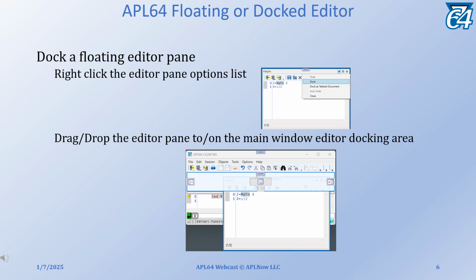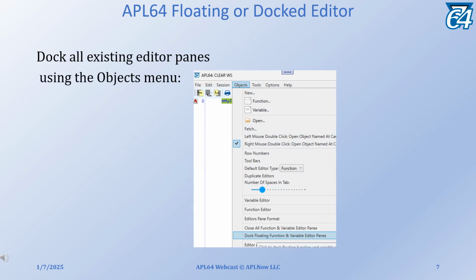When a floating editor pane is dragged over the editors area of the main window, position markers are displayed. Dropping the floating editor pane on one of the position markers docks the editor pane. All floating editor panes may be docked using the Objects menu Dock Floating Function and Variable Editor Panes option.